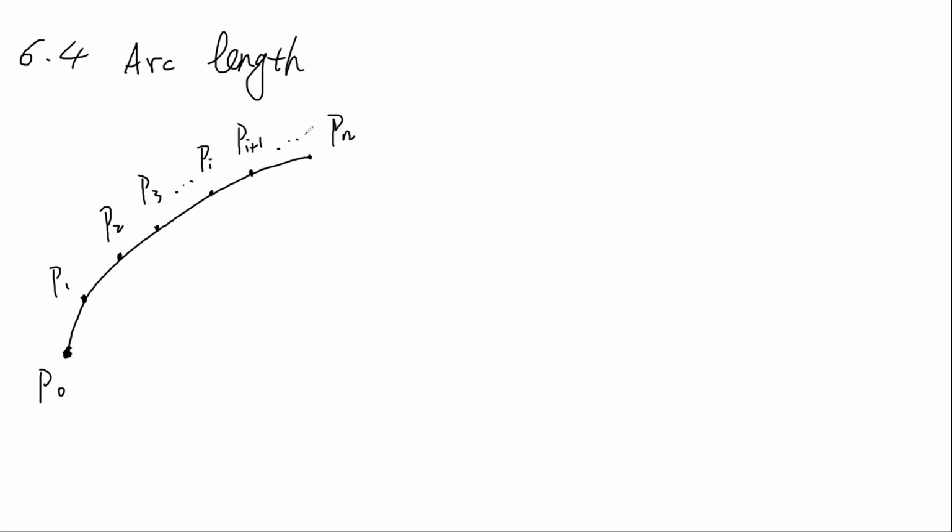Just like what we did for the integral, we divide the interval into a bunch of subintervals. And the idea is that for each subarc, the arc length from P_i to P_{i+1} can be approximated by the segment between P_i and P_{i+1}.